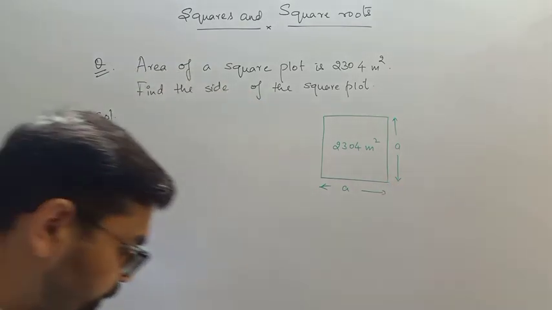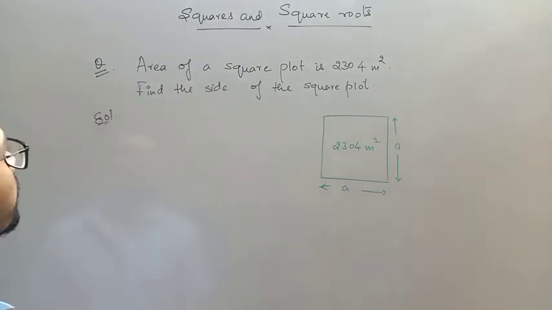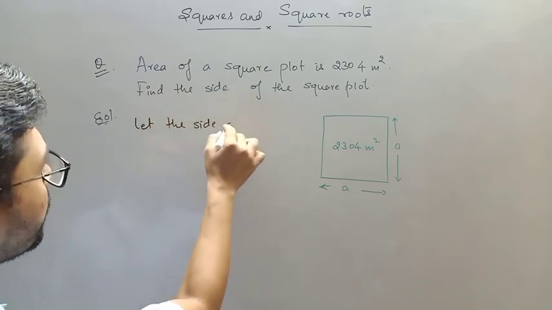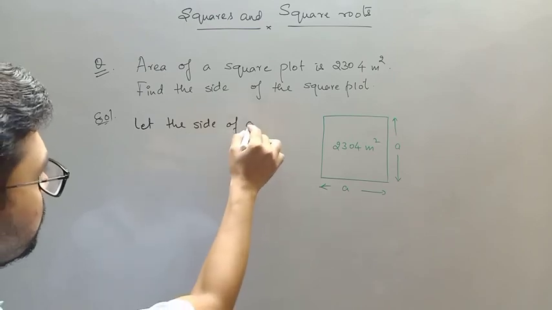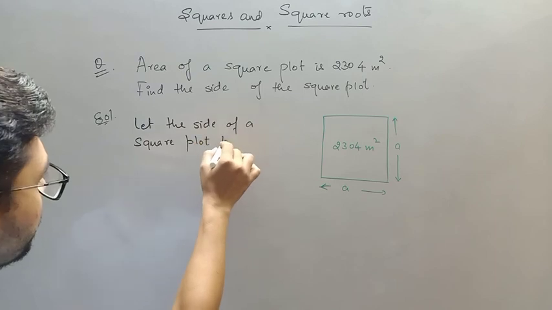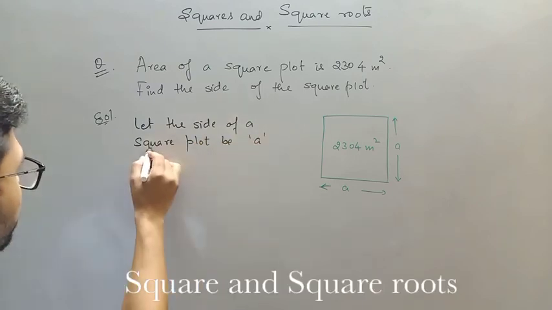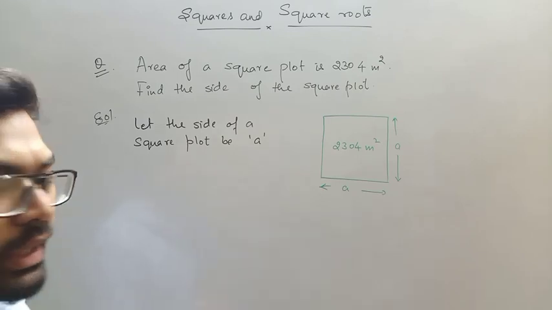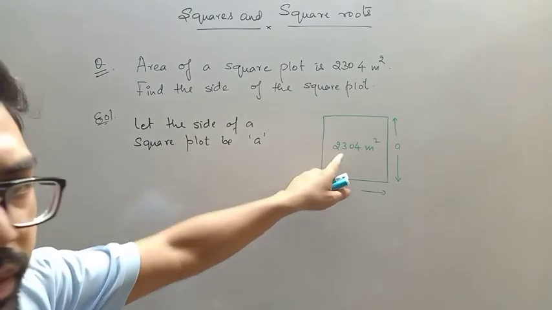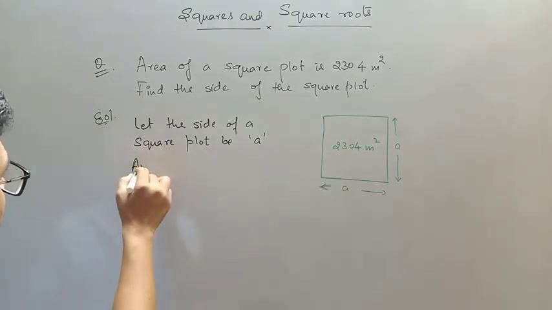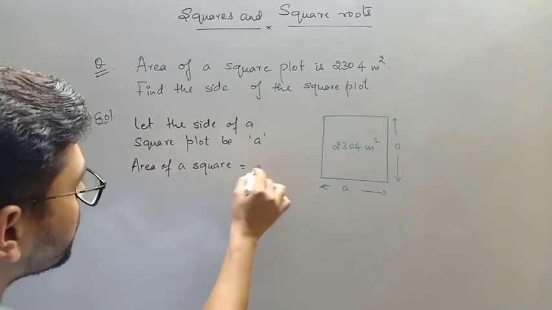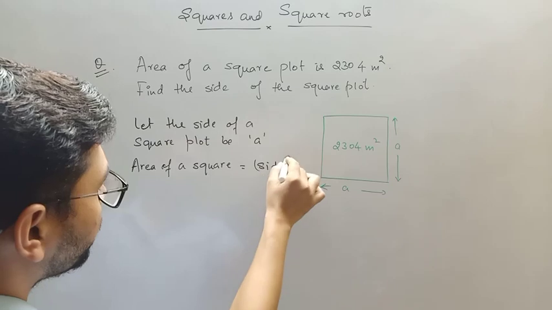So you will write, let the side of a square plot be A. This is the side of this square plot, okay? Now area is given to you. So area of a square is equal to side square, right?